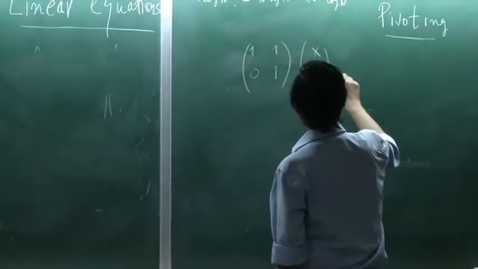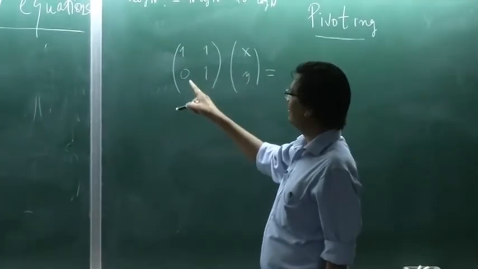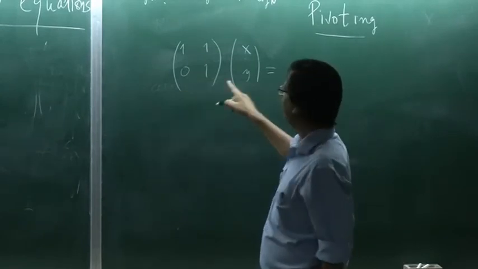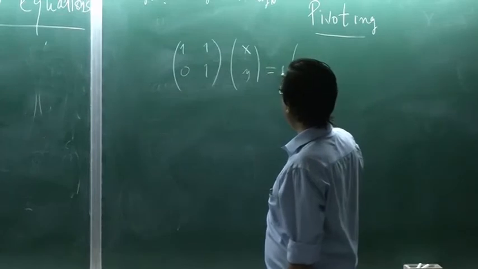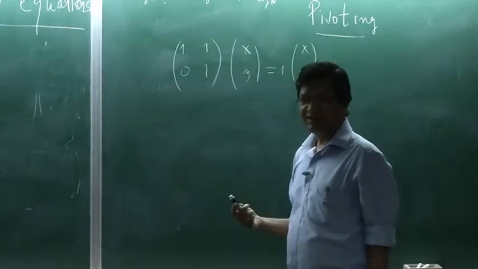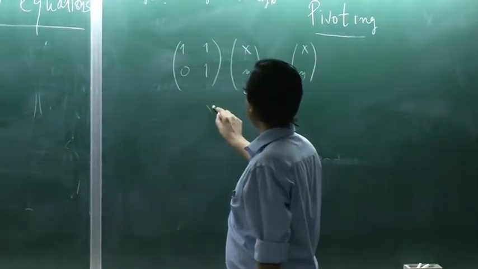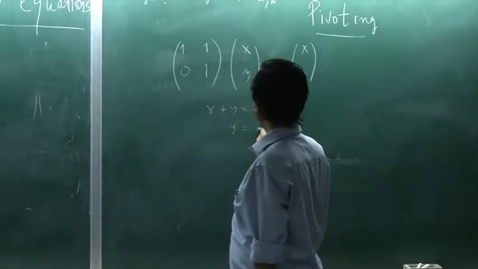What are the eigenvalues here? 1, degenerate. So there are 2 of them, but let me see whether I can get both eigenvectors. Take x y: x plus y equal to x and y equal to y.